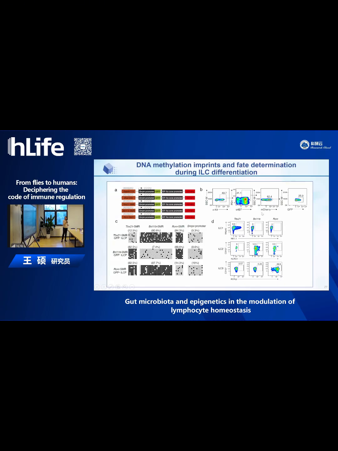That means that at the precursor level, the precursors have the DNA methylation features of their daughter cells, which indicates DNA methylation imprinting from the precursor to the daughter cells.